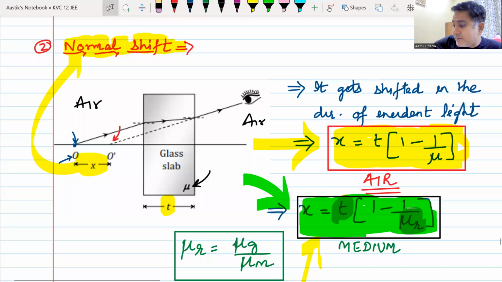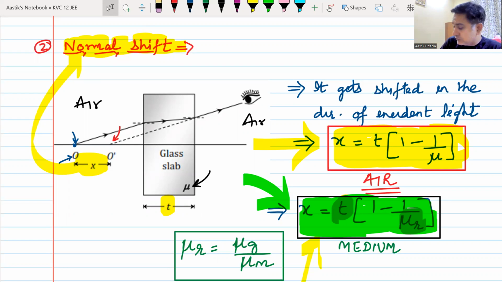This is what I am referring to. I hope you can remember this normal shift. How many of you remember this? Please raise your hands. Well done. So you have to put this formula: x is t, the thickness of the slab, times 1 minus 1 by mu.